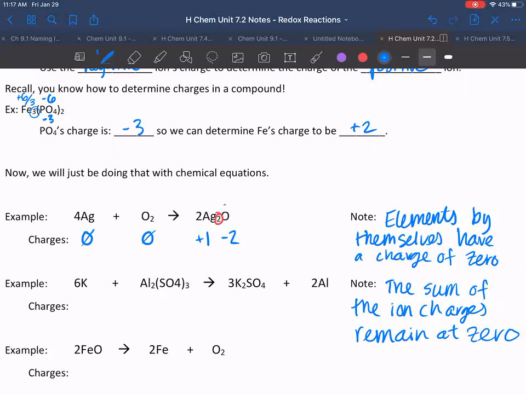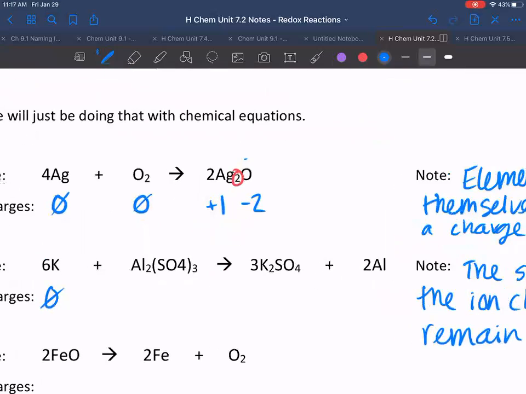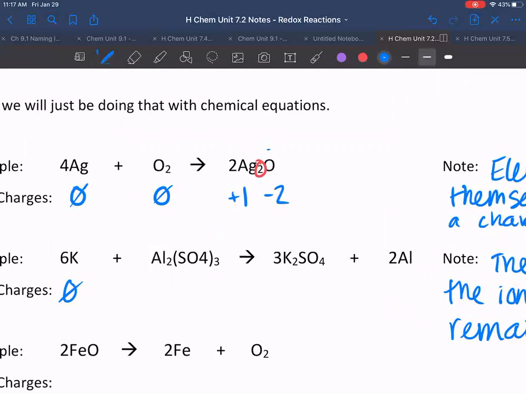For the next example, potassium in its elemental state, what's its charge? 0, easy enough. Then we're going to work with aluminum sulfate. If this is supposed to be a subscript 4, don't mind that typo. If we look up sulfate in table E, its charge is -2.